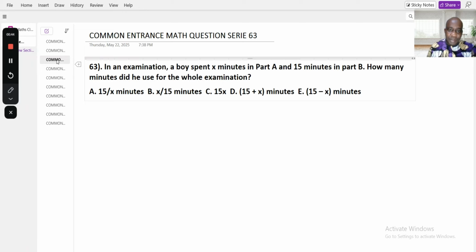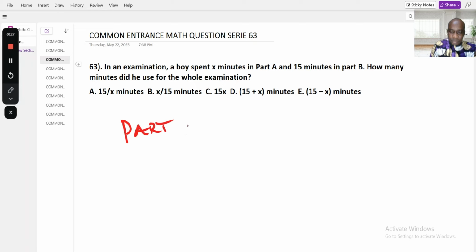In an examination, a boy spent x minutes in part A and 15 minutes in part B. So the total question in that examination is part A and part B. In part A, he spent how many minutes? x minutes.